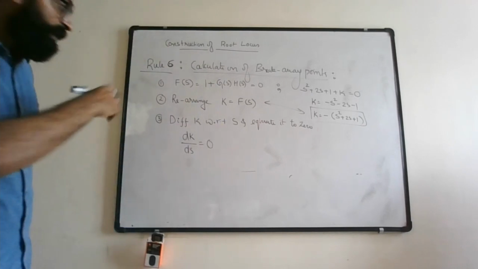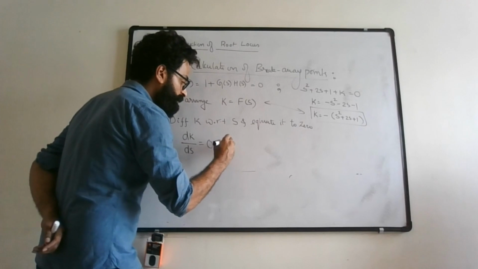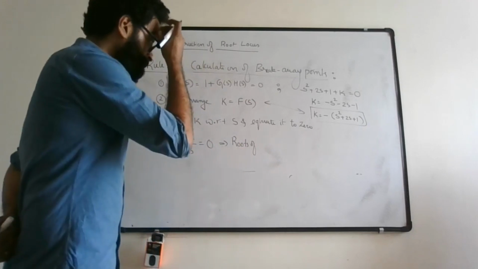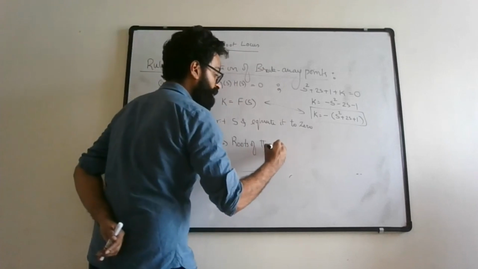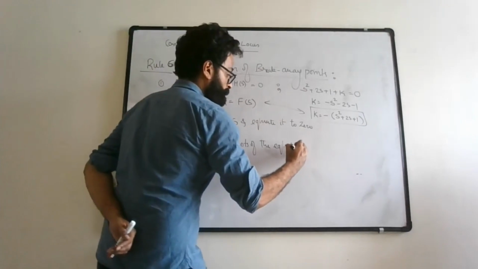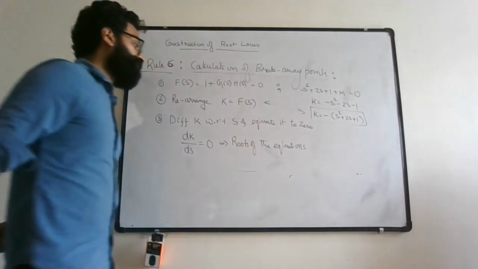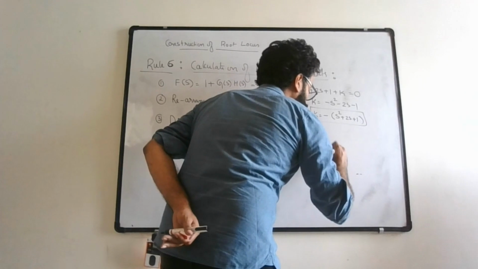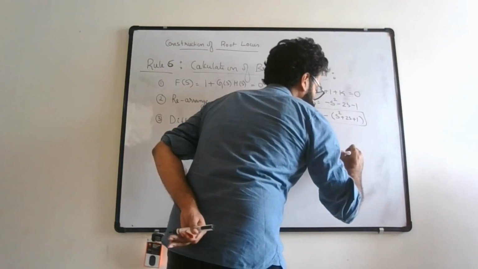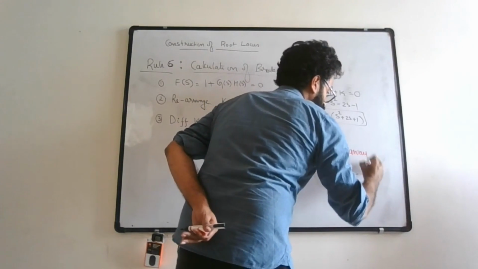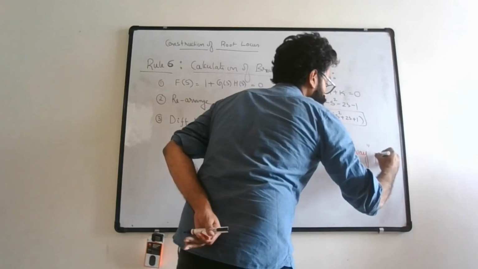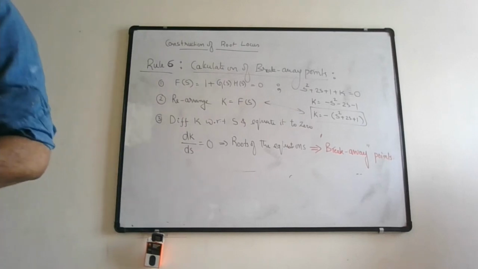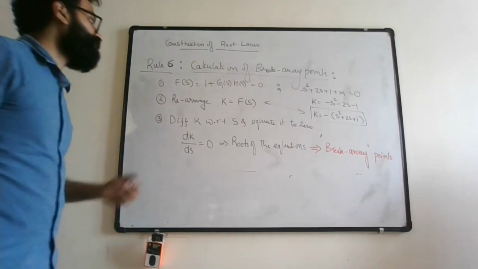When you equate it to 0, you get the roots of the equation. These roots are nothing but the breakaway points. So this is how we calculate or find the breakaway point.